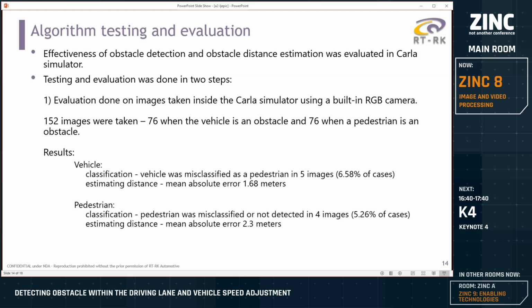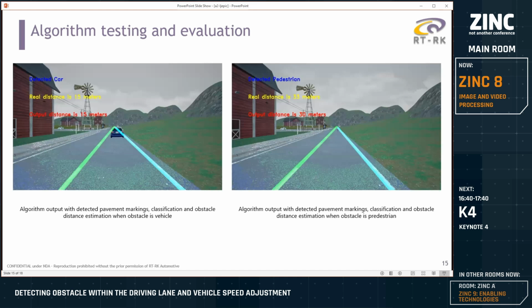When we examined classification, only in over 6% of the cases was a vehicle wrongly classified as a pedestrian, and when a pedestrian was misclassified as a vehicle or not detected, it happened in around 5% of the cases. You can also see that the mean absolute error of the distance estimation is higher when we have a pedestrian, because it is thin and harder to detect.